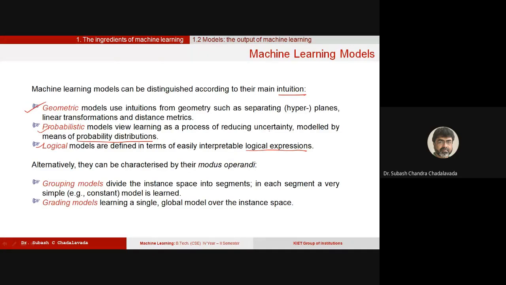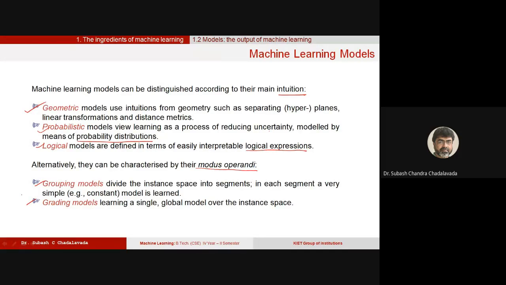Alternatively, you can classify your models based on the way you operate the model, that is, the modus operandi. One way is grouping models and the other is grading models.